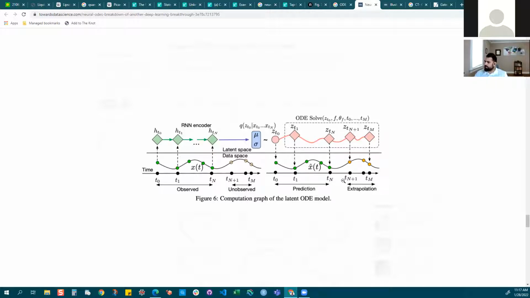The information is provided to the system, and then we solve that. Basically, we use a differential equation solver to solve for different parameters and variables in the system. We also have time from T0 to Tm, which is also part of this ODE solver.